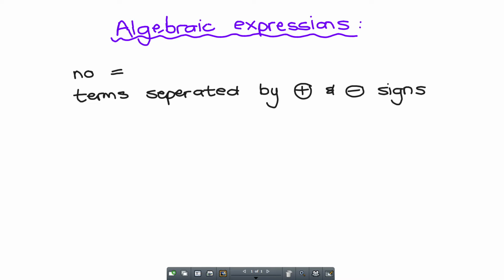And we are going to talk about that just now, because I'm going to give you an expression and then ask you how many terms there are. So you would have to know how many terms there are. Then terms can be a single number, or a number and a variable multiplied together. It can even be a full bracket.